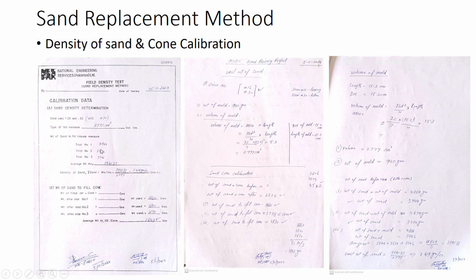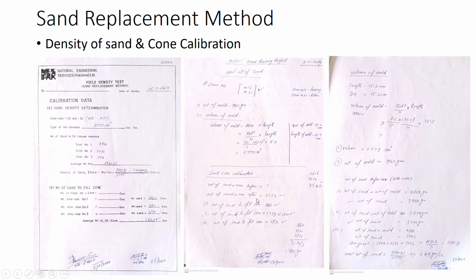Where these are the weights of sand to fill the volume of the calibrated container. So this is the density of sand, and this is for the sand cone calibration.